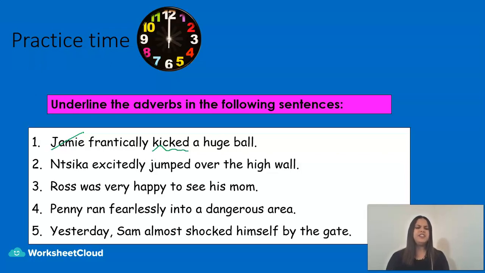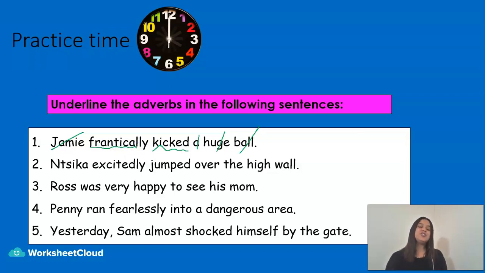Frantically could be the answer, but let's hold on for now. And a huge ball. Huge is an adjective. There's nothing really telling me anything more about how huge the ball is. So I'm going to scratch out a huge and ball. And I'm left with my answer, which is frantically.